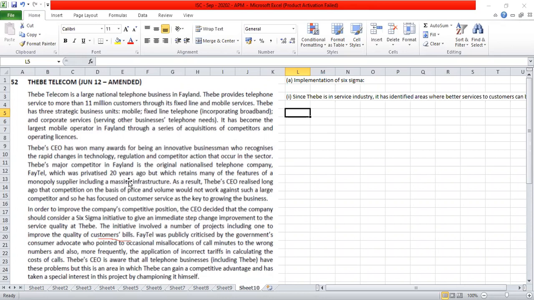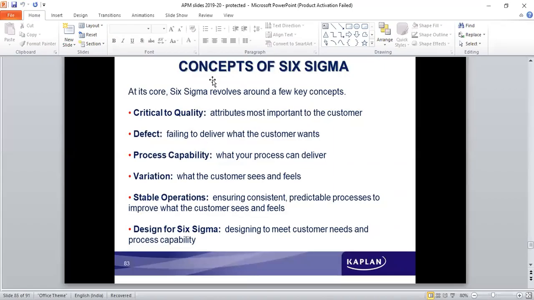Next. The areas are concepts of Six Sigma.